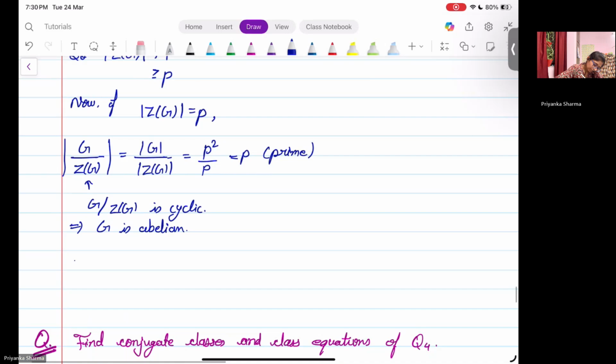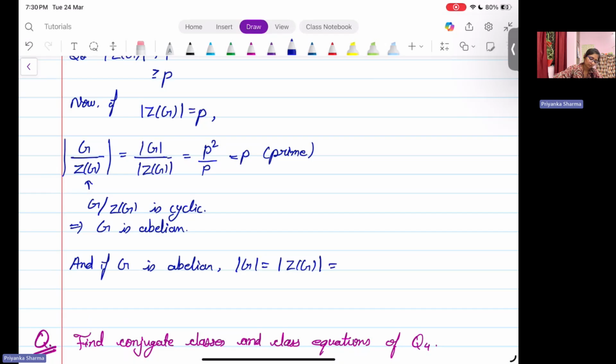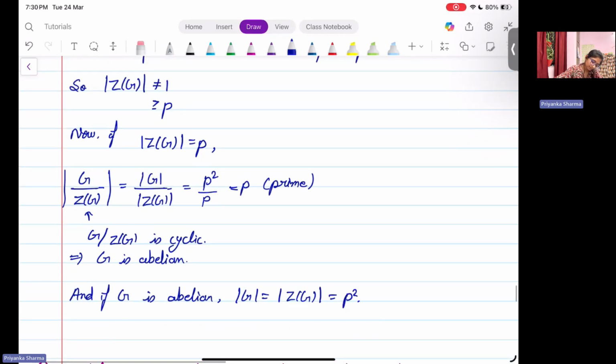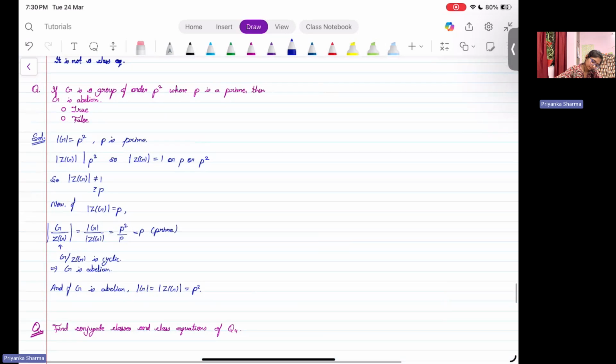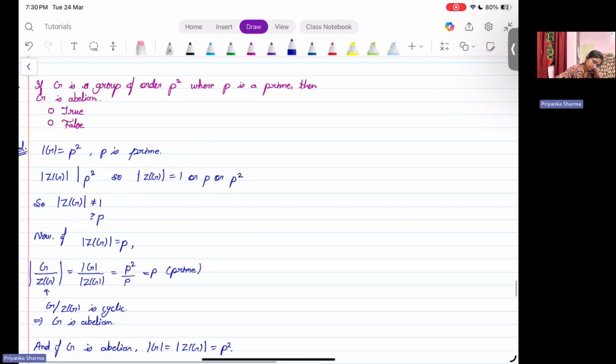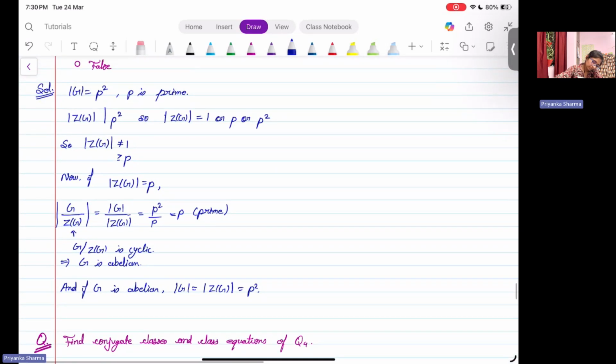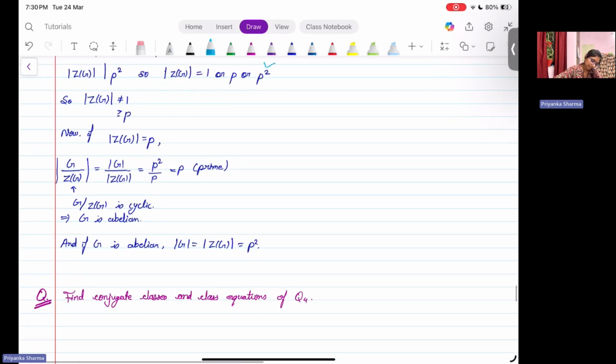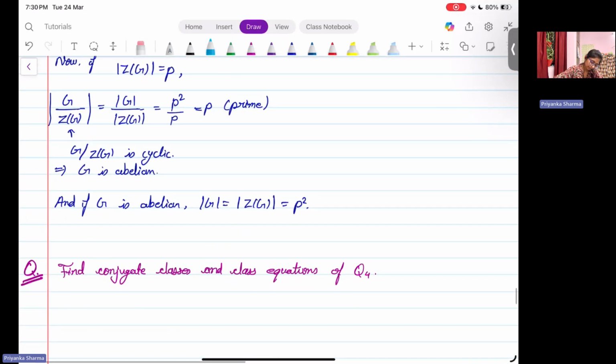And if G is abelian, then the order of G will be the same as the order of the center of G, so this will be P square. So there can be only one choice, that is this one, and for that, G is abelian.